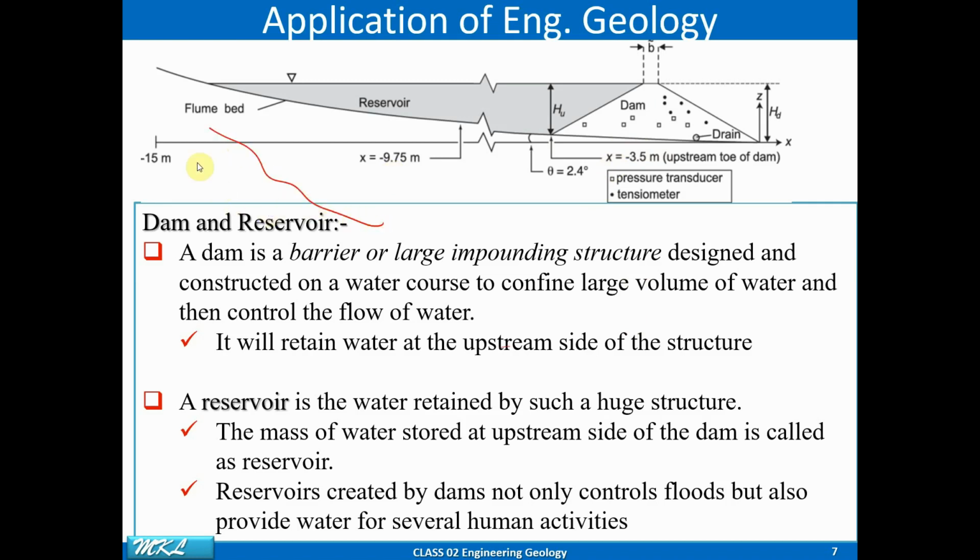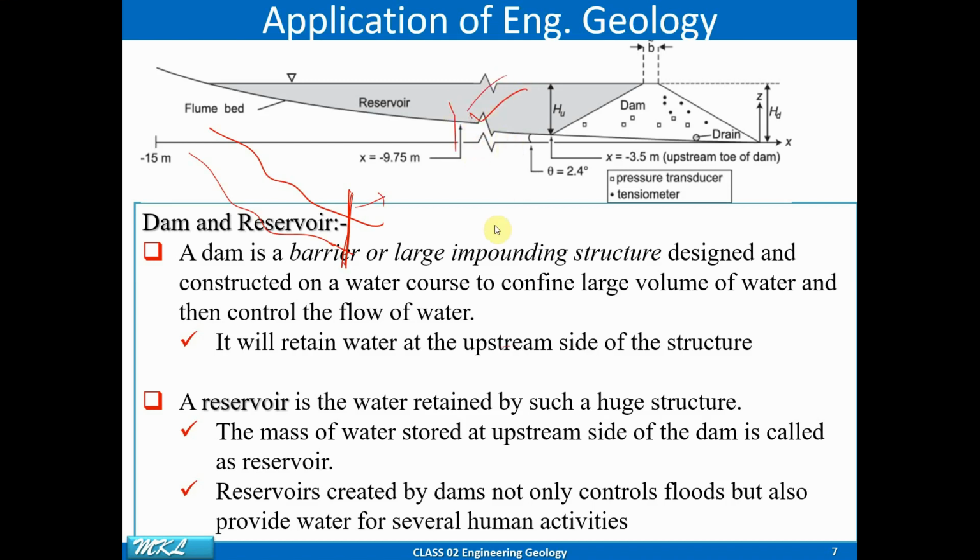The river is coming down from the hill, and you are putting a barrier here with some specific structure, and that barrier is called a dam. Dams are generally associated with a reservoir. If there is a dam, there will be a reservoir too.